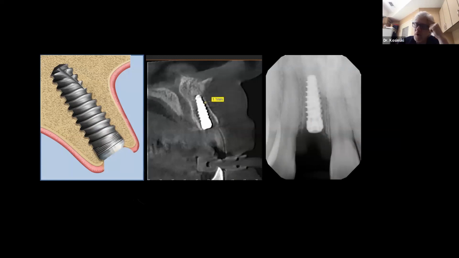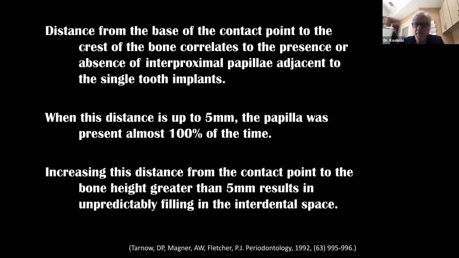At the apical portion, you can see I measured 1.1 millimeters. But that's not where we have prosthetic or aesthetic concerns. At the crestal portion, it's where we must maintain 1 millimeter or more of hard tissue. Because the patient was wearing a flipper, I went ahead and put a cover screw and buried the implant.